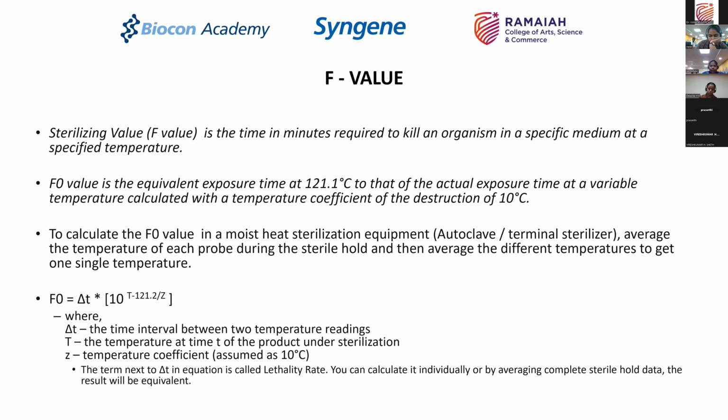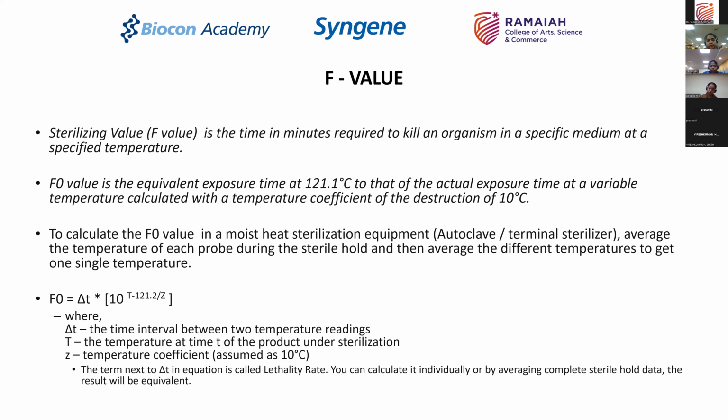Why am I giving you this definition? Because you will use the F value in different applications. For a dry heat sterilizer, you use what is called the FH value. In the case of an autoclave, you use the F0 value. So the F value can be applied to any sterilization technique which uses thermal sterilization. Okay.